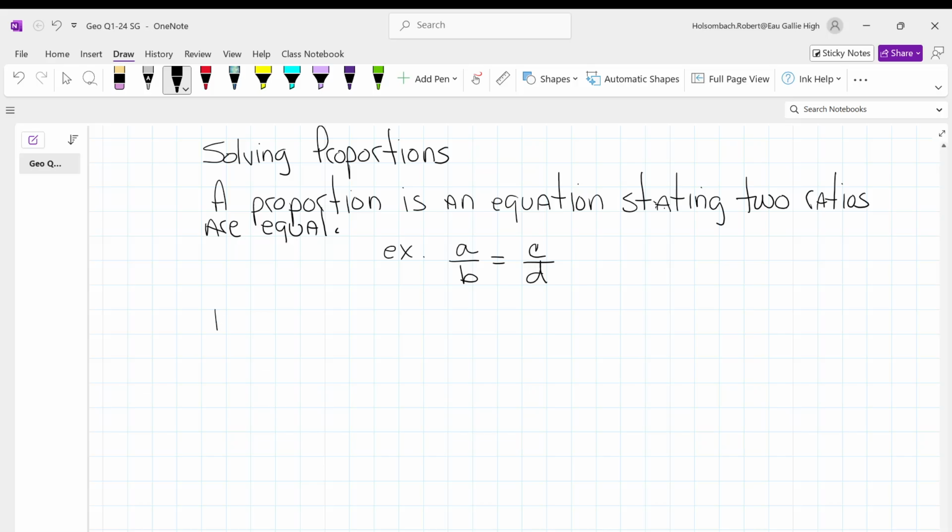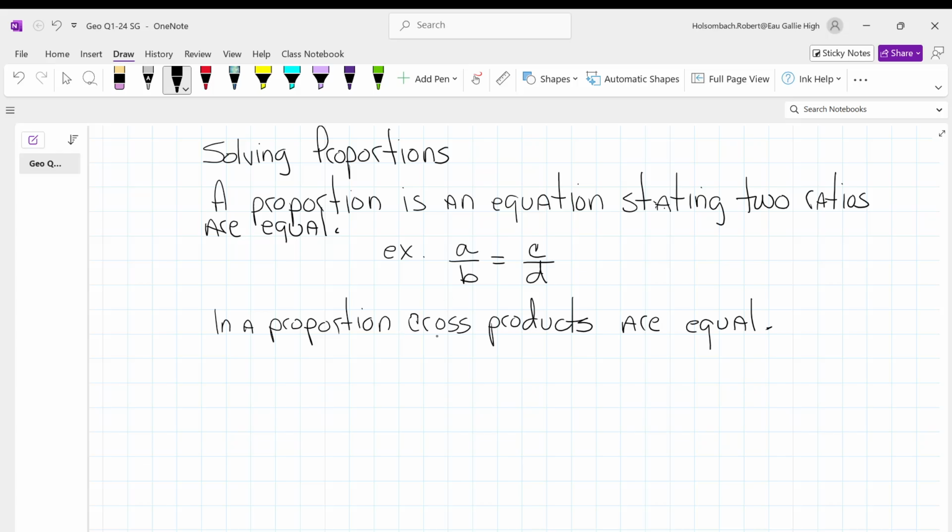In a proportion, let's word this, they call it cross products are equal. Cross products are equal. And really what they mean is crisscross products are equal.